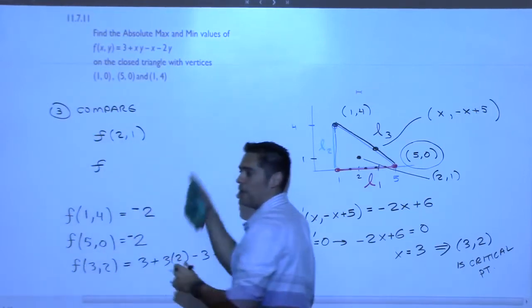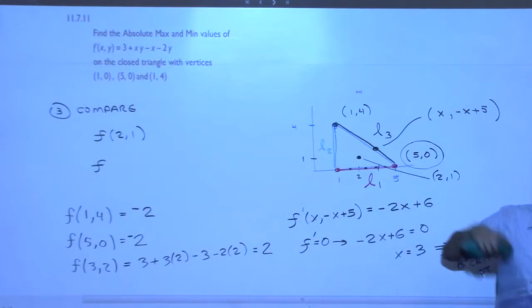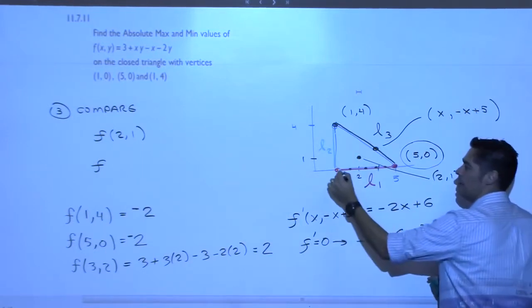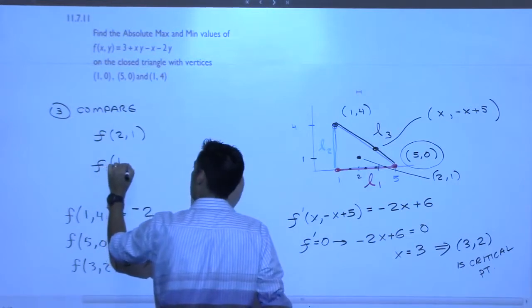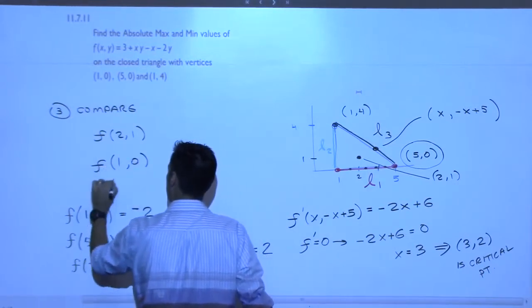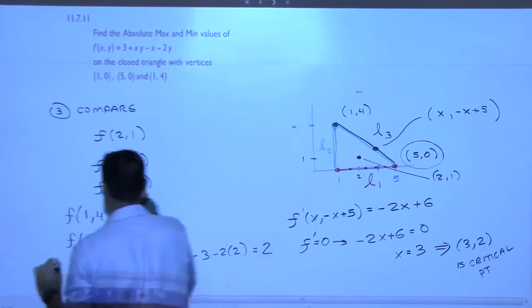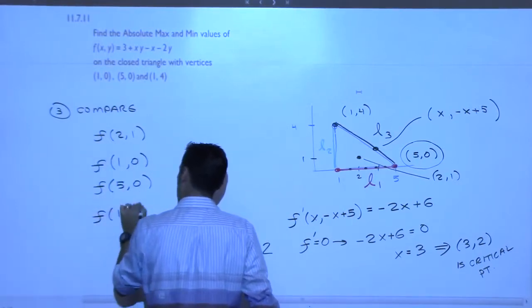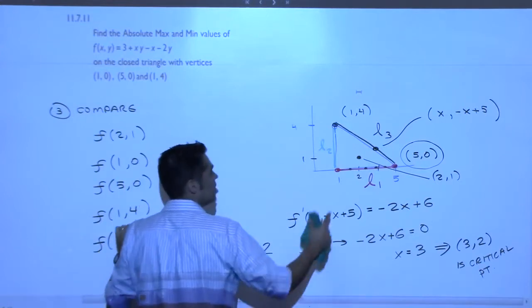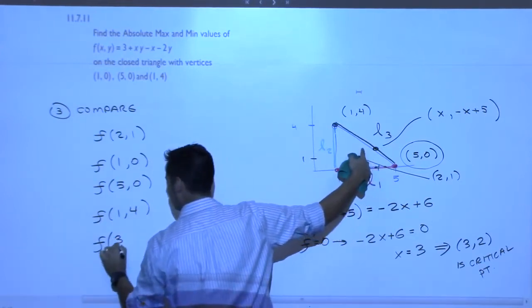From all the different lines, L1, L2, L3, I wound up having these 3 corners. And this one up here, which was 3, 2, right?